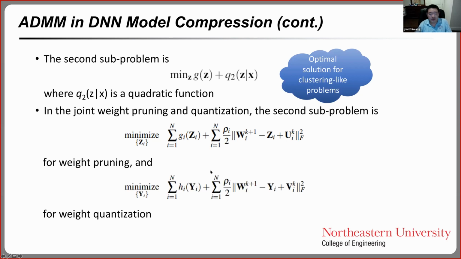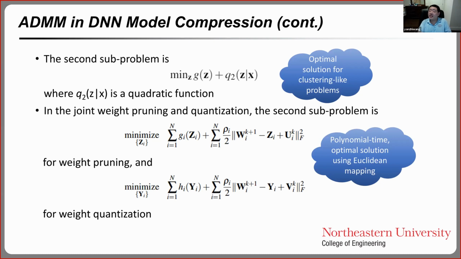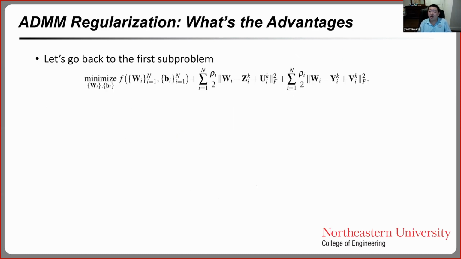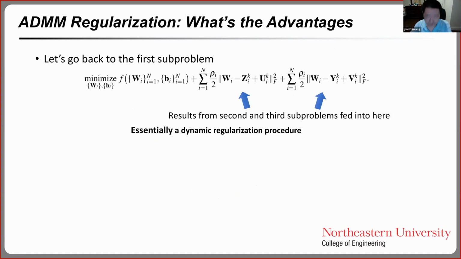And for weight quantization, it is shown here: we are given w and we find y. Actually there is an optimal solution for these clustering problems. For these 2 problems, the optimal solution is Euclidean mapping. This optimal solution has polynomial time and is a straightforward solution that we omit here, but you can check the papers for further details.